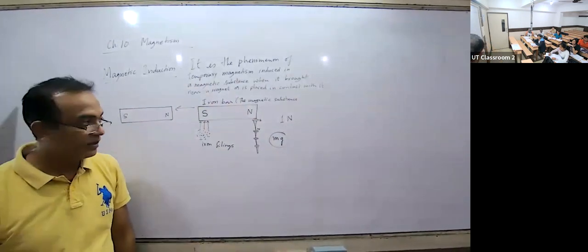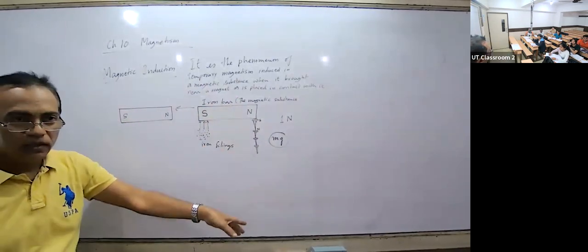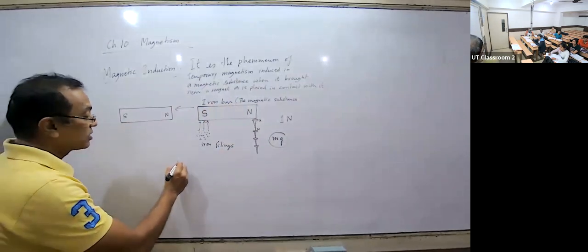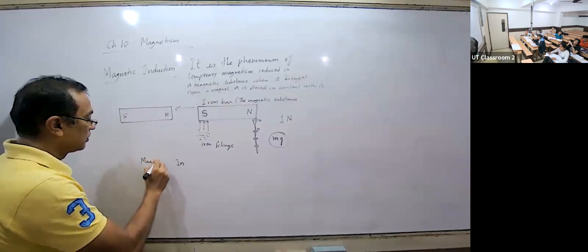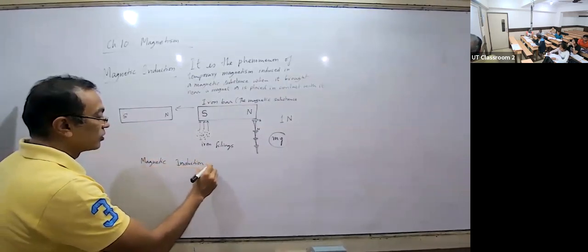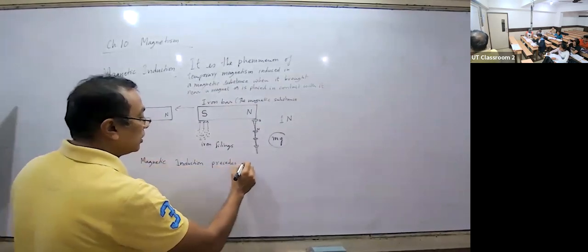ठीक? हाँ. तो अगर ये मैग्नेट दूर करूंगा तो फिर से ये गिर जाएगा. So what is happening? So magnetic induction precedes attraction.